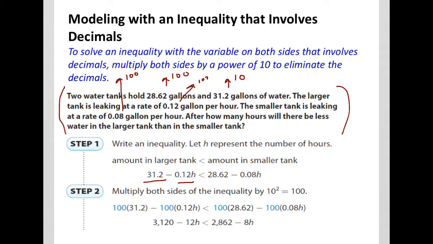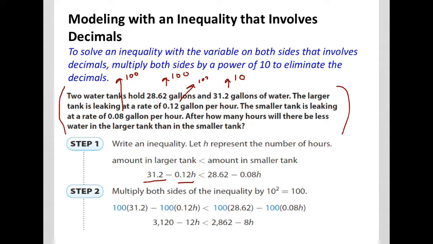When we do so, 100 times 31.2 will give us 3,120. So again, no decimal. And then 100 times 0.12 will give us 12. Just move 2 places to the right. And then here, 100 times 28.62, again, move 2 places to the right, that's going to give us 2,862.